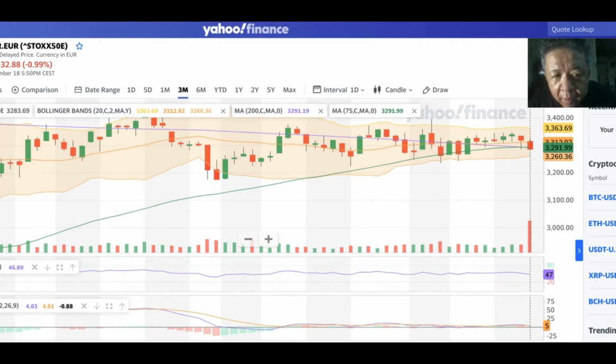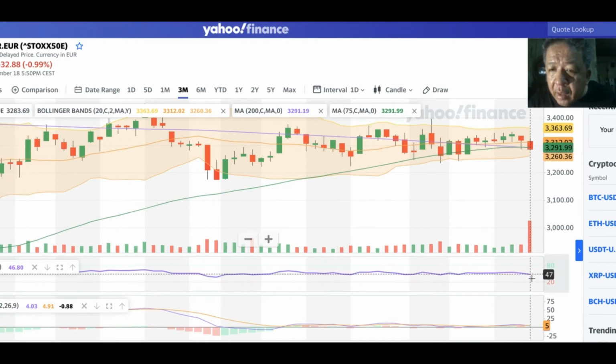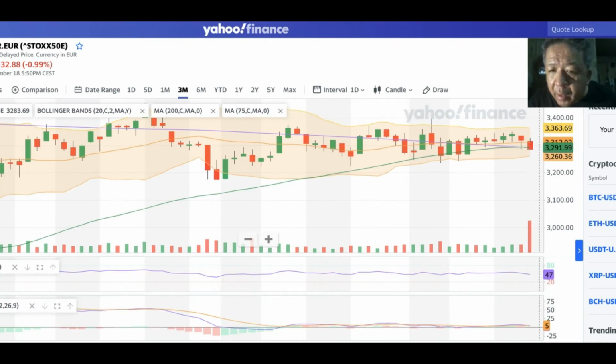The trend line is only at 9 or 8.64. So it's in a ranging position, but the sellers also outnumber the buyers 19 to 15, and we have a huge red candle last Friday. RSI is still neutral at 47, but MACD is bearish. So I think the bearishness is overtaking the European market.